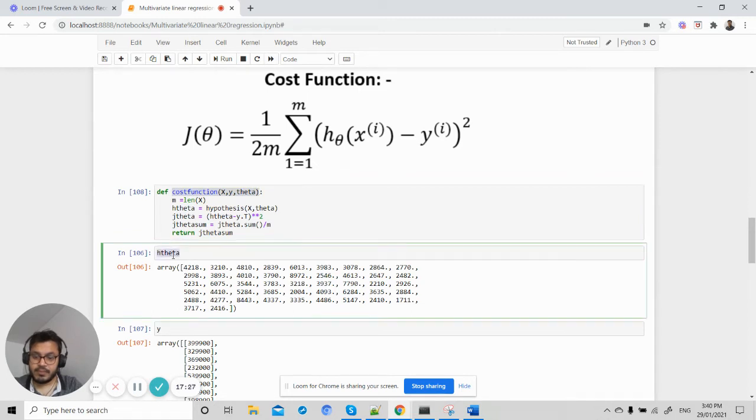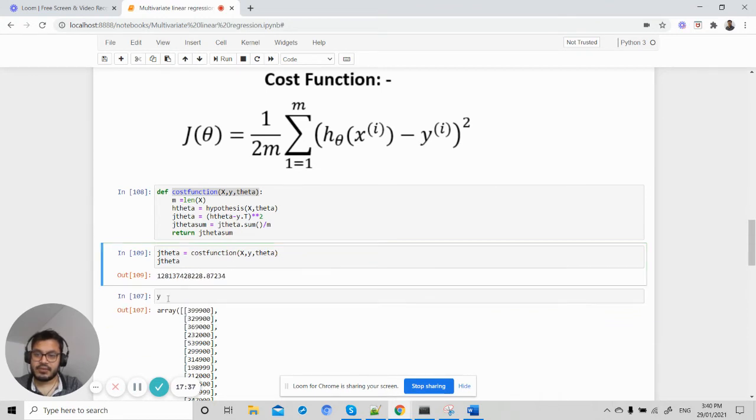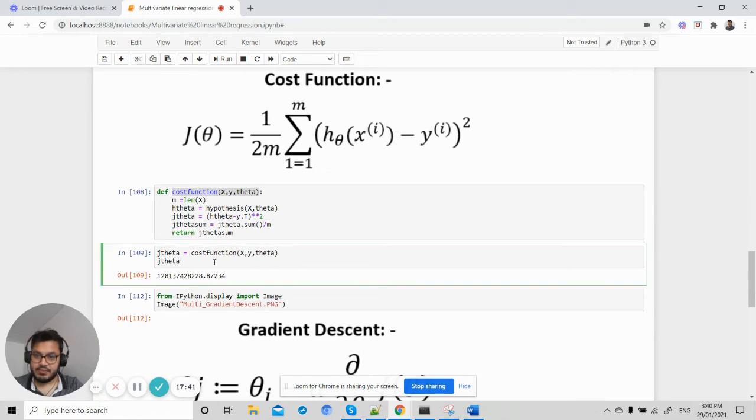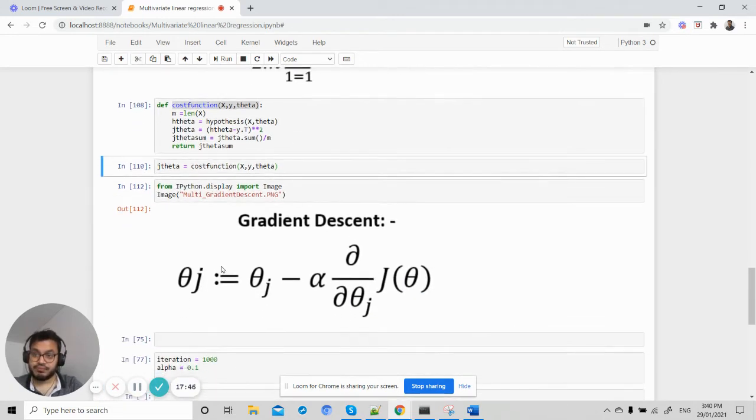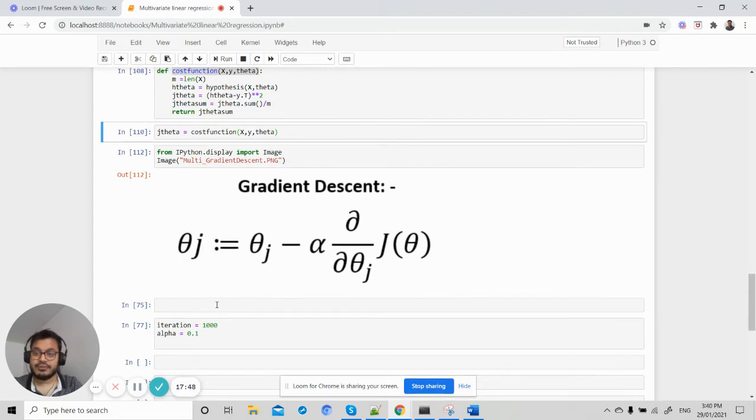So g of theta equals, okay, so this is our error that we receive. So this is working. So now let's write our equation for gradient descent.